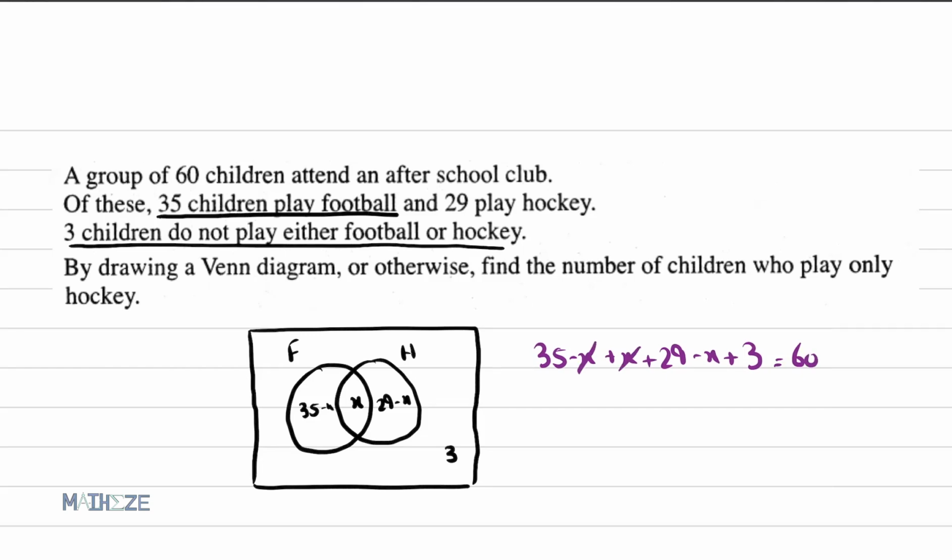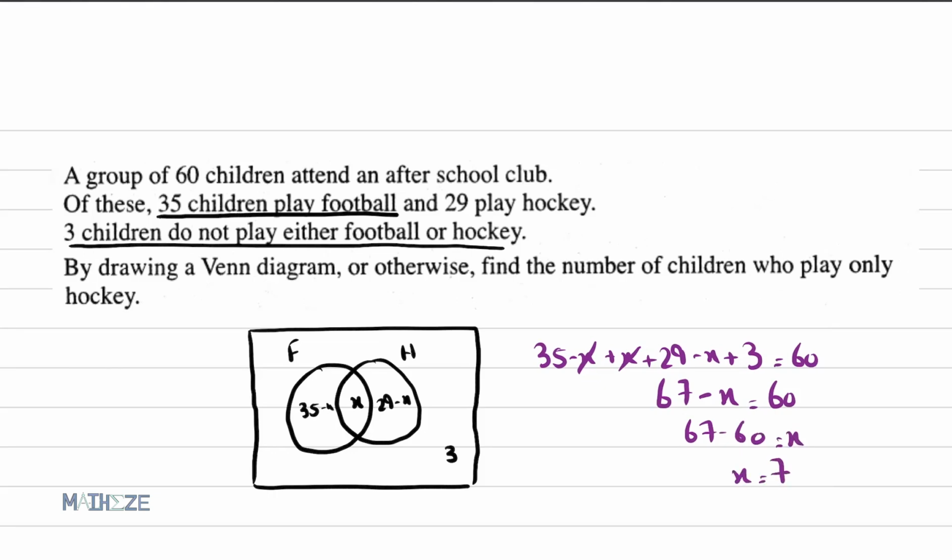Can I cancel this? What's 35 plus 29, guys? 64. 64 plus 3 is what? 67. 67 minus x is equal to 60. So what's the value of x? It's 7.